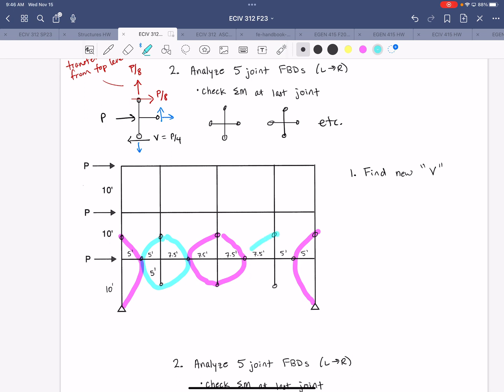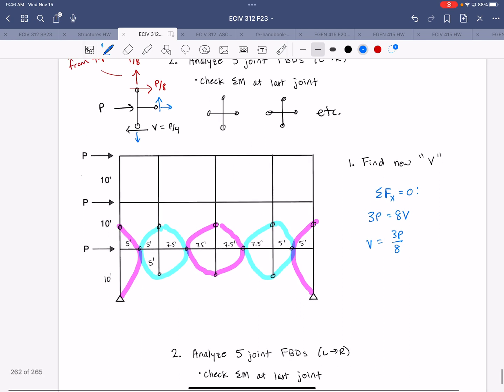After finding the shear, I'll go ahead and find the shear. So summing forces in X, we have 3P is equal to 8V. So V is equal to 3P over 8.